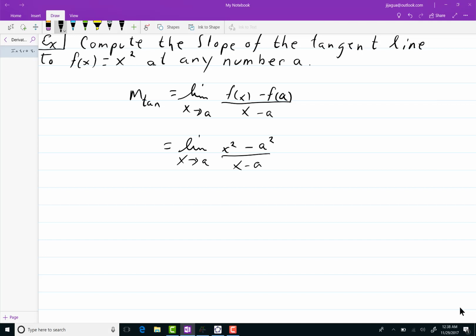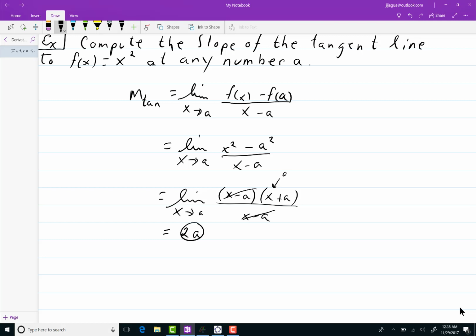Of course, the numerator factors as x minus a times x plus a. Cancel out the x minus a's, and now I can replace my x with a. So this will equal 2a.